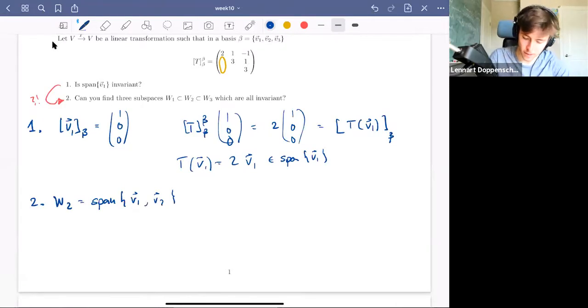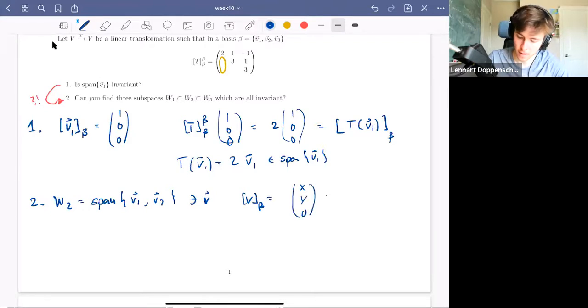Now, what is a vector in this span? So say V is in the span. This means in the basis beta, V looks like x, y, and 0, right? So we can have any x times V1 plus y times V2.